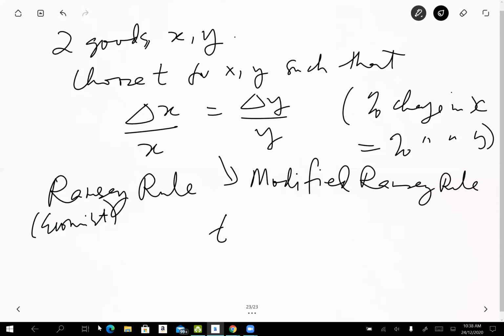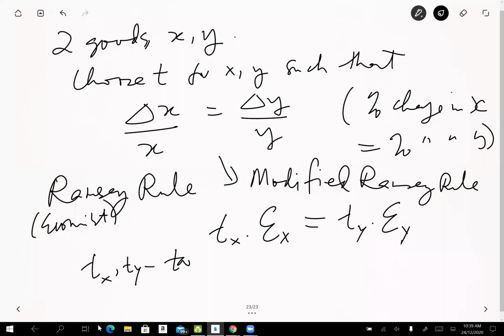You have the tax on X multiplied by the price elasticity of demand for X, and that is equal to the T of Y multiplied by the price elasticity of Y. So you have here Tx, Ty, they are the tax rates on X and Y. Ex is the price elasticity of demand.